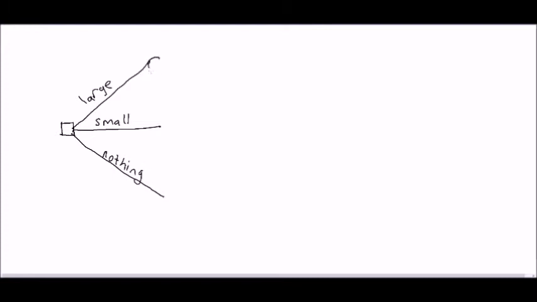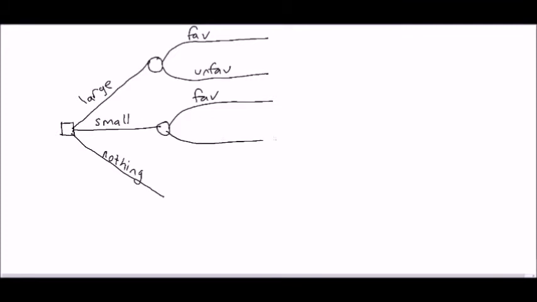Then we draw the state of nature node represented by a circle and draw two branches to represent favorable and unfavorable market. However, for do nothing, we don't draw any branches. I will explain after this why.